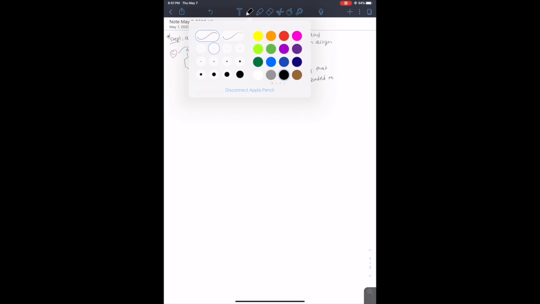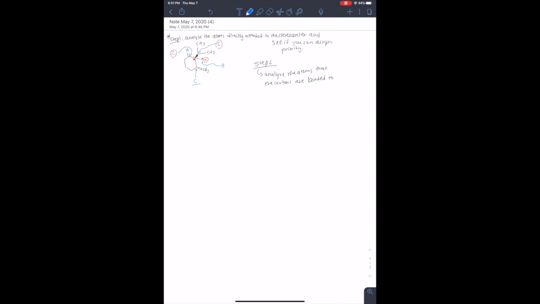So I would say step 2 is to analyze the atoms that the carbons are themselves bonded to. If I were analyzing this carbon right here, I could see that it's bonded to a carbon of that CH3.